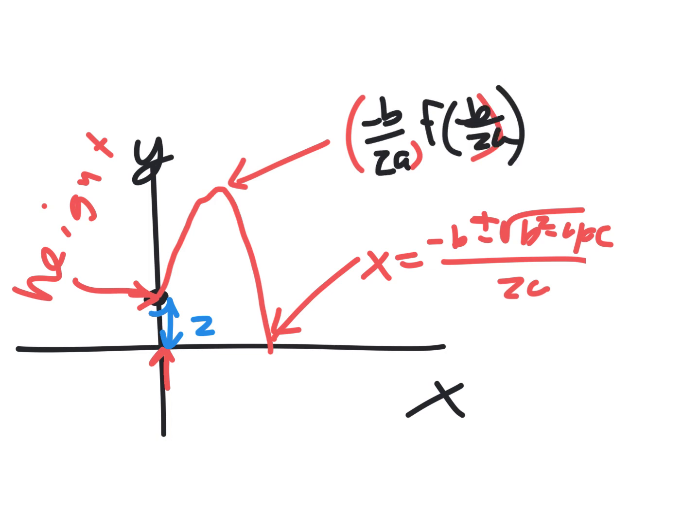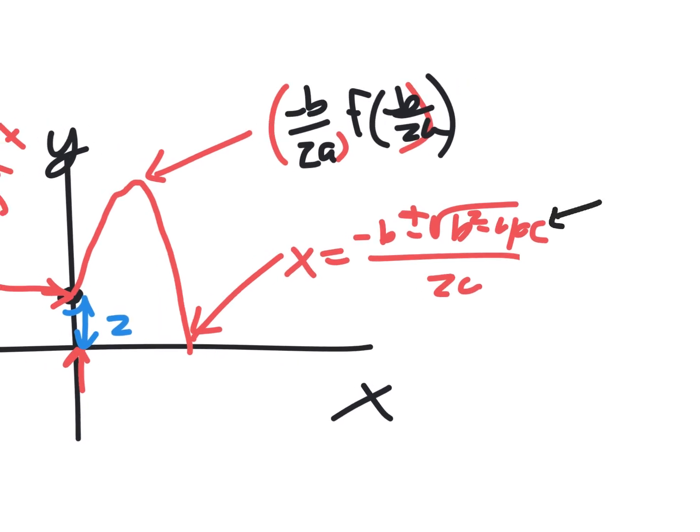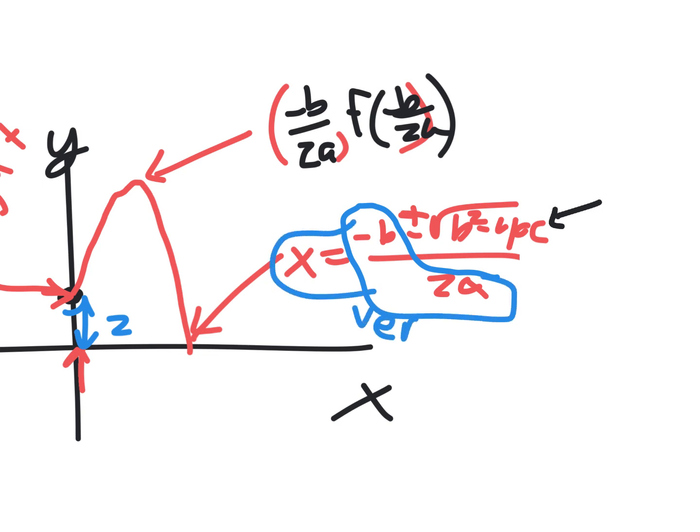Okay, so there's what I was trying to get across to you: this part there is the discriminant, and this part of the quadratic is the vertex. I should actually include the x equals. And this is the discrim.